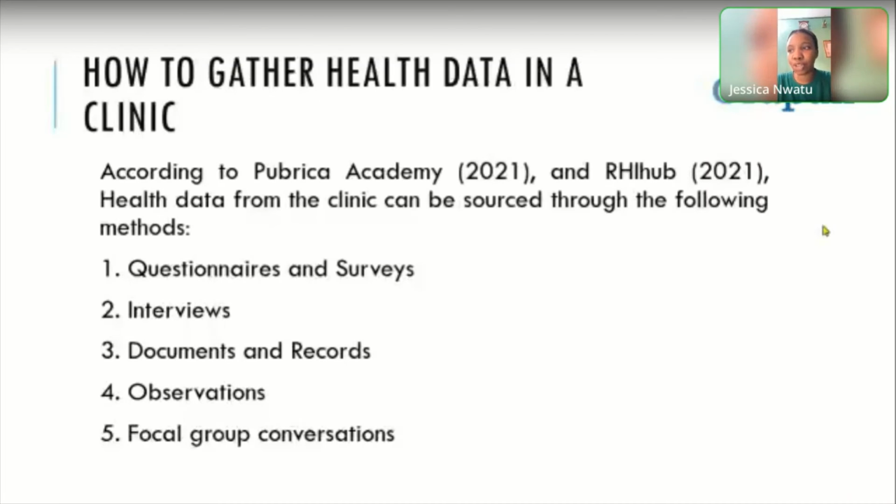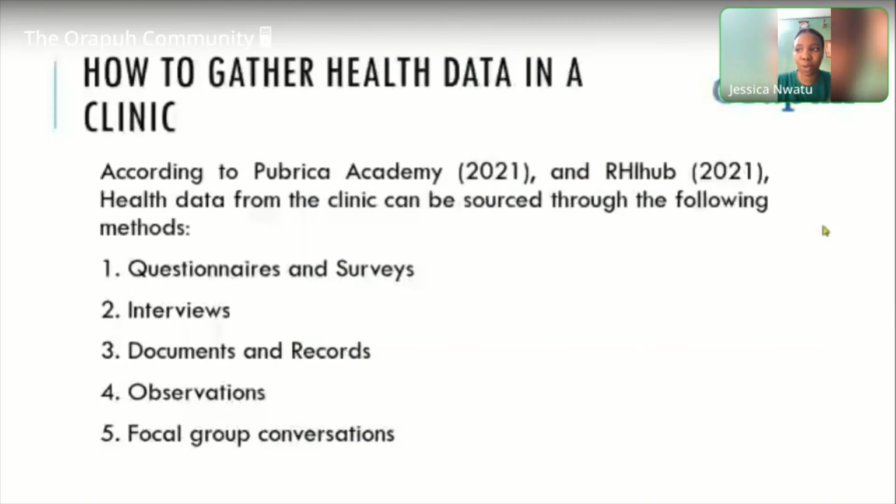Then documents and records are more of the administrative kind and the vital records kind, as we saw in the sources. Those are sourced from administrative data, online servers of health agencies and all that. Observation can be done during interviews or conversations with patients during patient medical record taking. All these ways to gather health data cannot be used in isolation. You combine them.